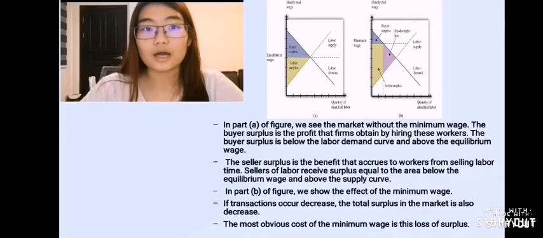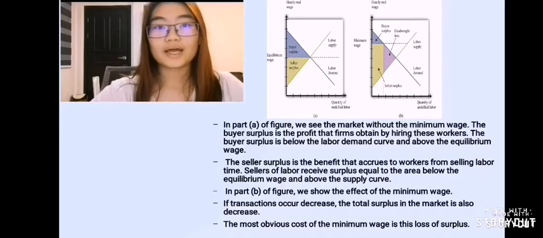In part A of the figure, we can see the market without the minimum wage. The buyer surplus is the profit that a firm obtains by hiring a worker. When the market is without the minimum wage, the buyer surplus is below the labor demand curve and above the equilibrium wage.